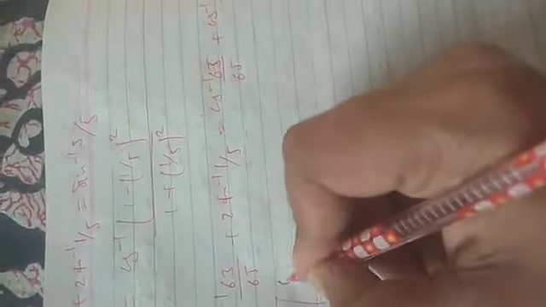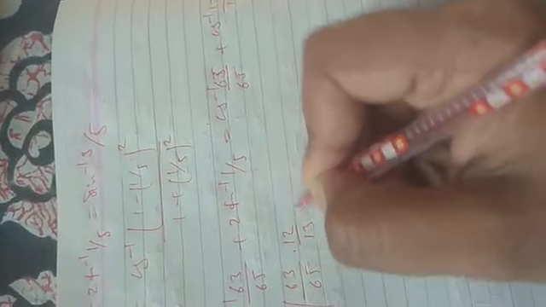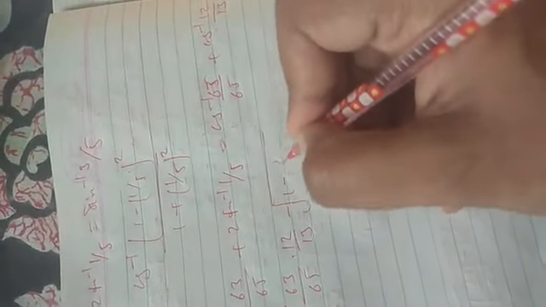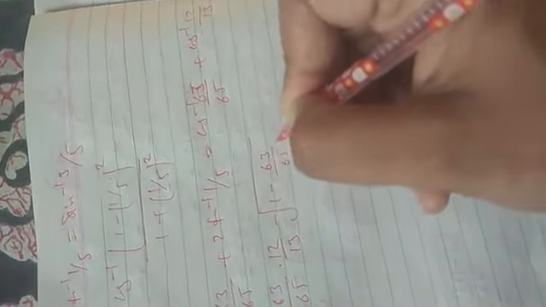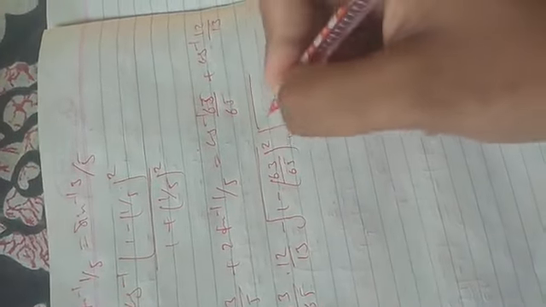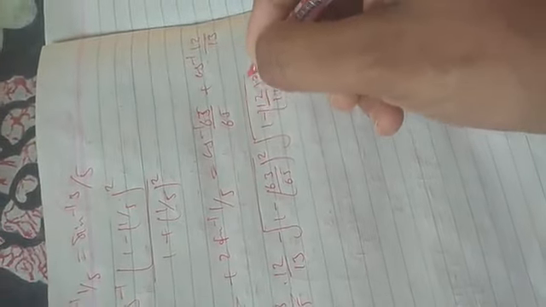On simplifying, we get cos inverse of 63 by 65 dot 12 by 13 minus under root 1 minus 63 by 65 whole square under root 1 minus 12 by 13 whole square.